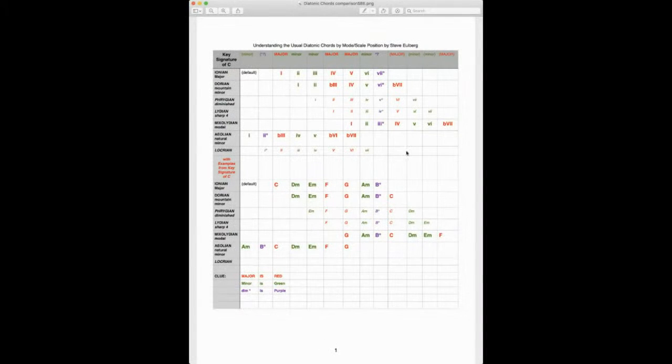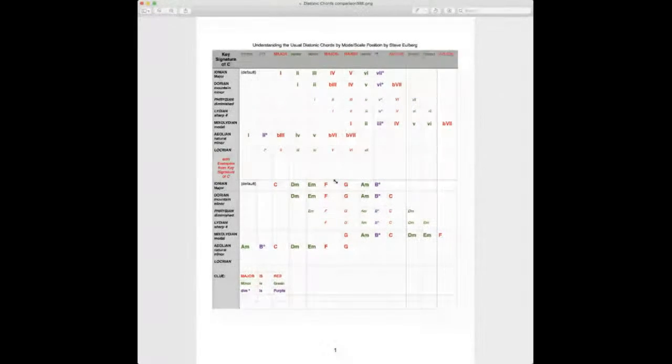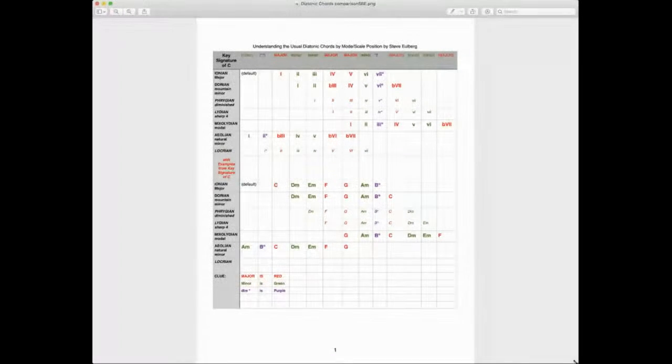In order to keep this in portrait orientation, I moved, and I also wanted to show there's a special relationship here between whatever is the name of the key we're working in.